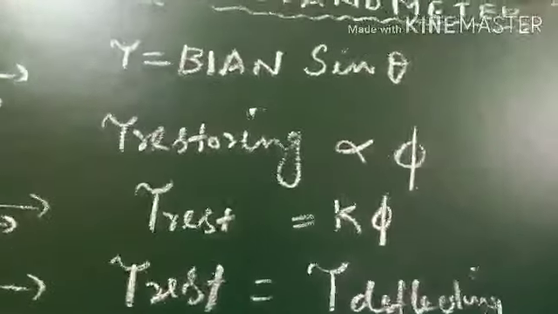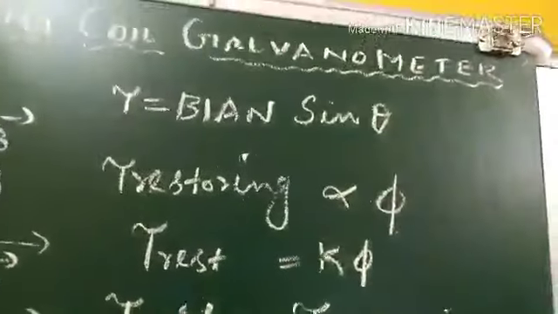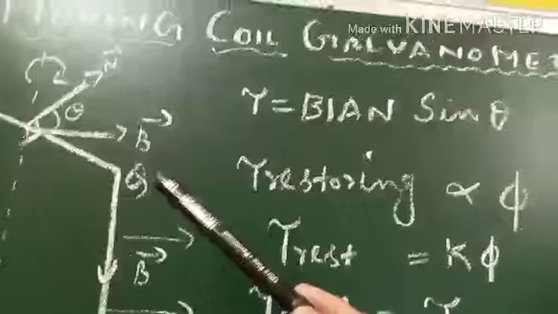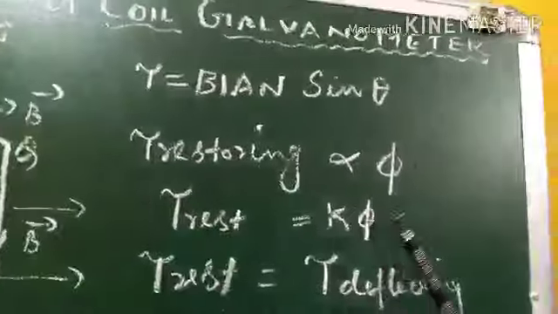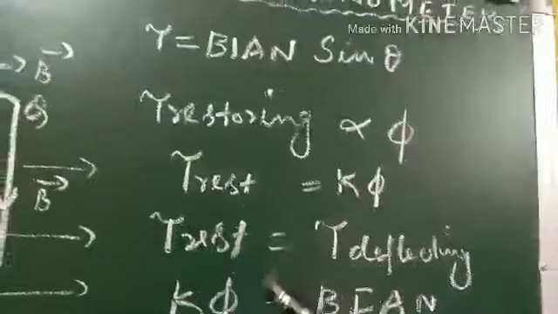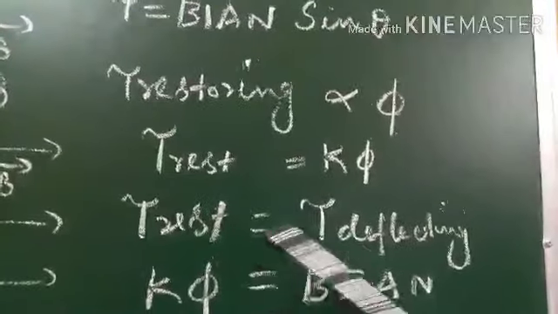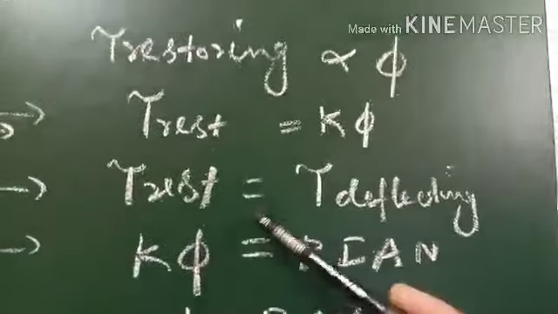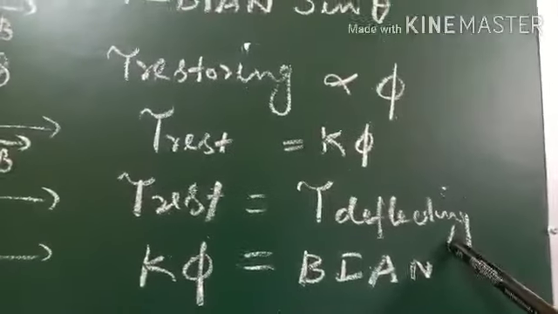Now here two torques are there. One is the torque with which the coil is getting deflected, and the other, due to the elasticity of the spring, tries to restore the original position. In the equilibrium position, the restoring torque will be equal to the deflecting torque.